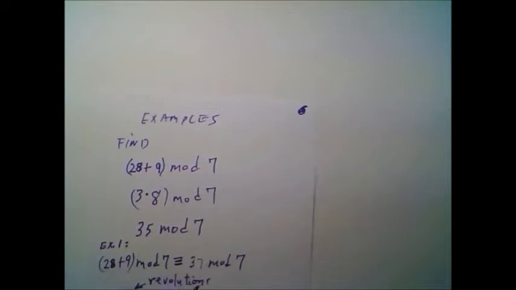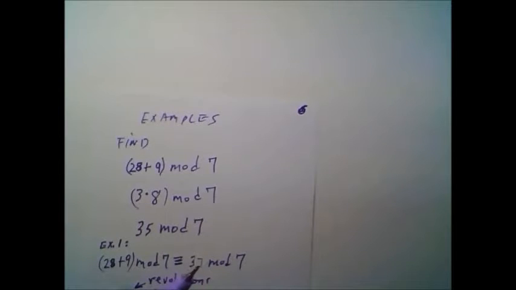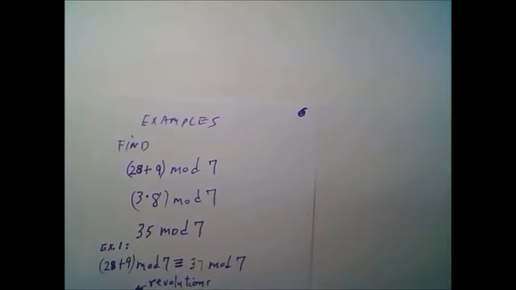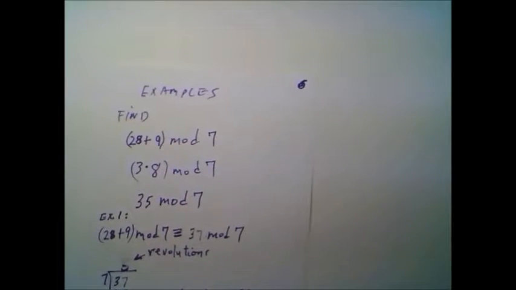Alright, so we divide 7 into 37 to get the number of full revolutions. And 7 will go into 37 how many times? If you said 5, you're correct. 7 goes into 37 5 times. So as you can see, that's what I've done here.